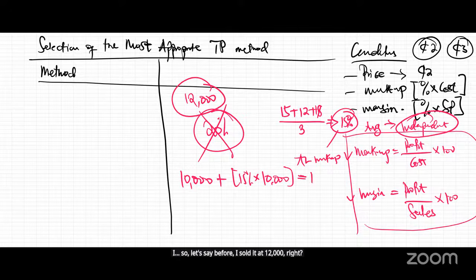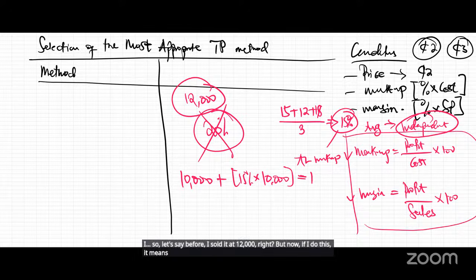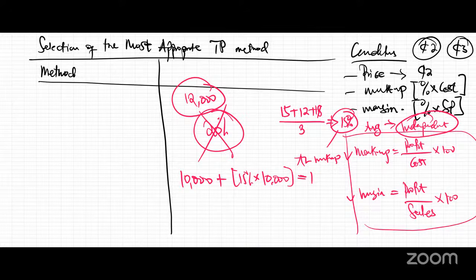But now, if I do this, it means that I should sell at what? 11,500. I should sell at 11,500, but before I sold at 12,000.